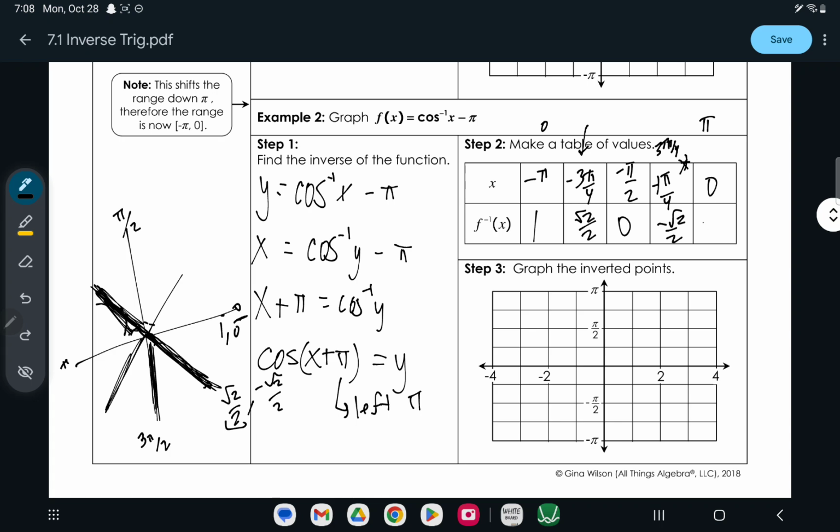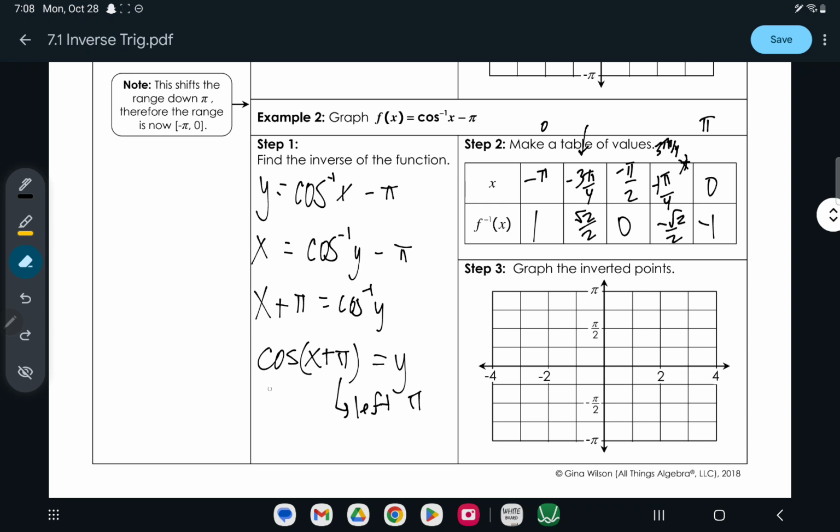And then 0, I'll give negative 1. So all of them are going in this direction. So 0, negative pi over 2, negative pi, negative 3 pi over 2.